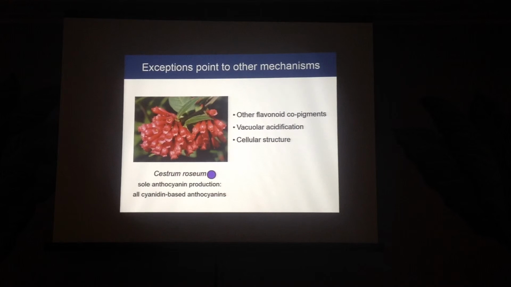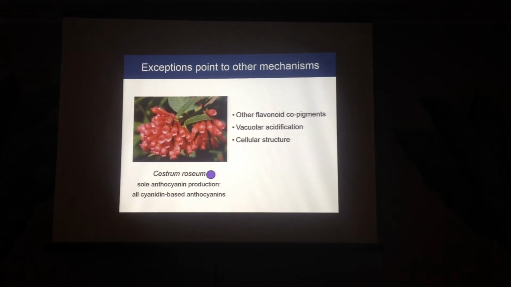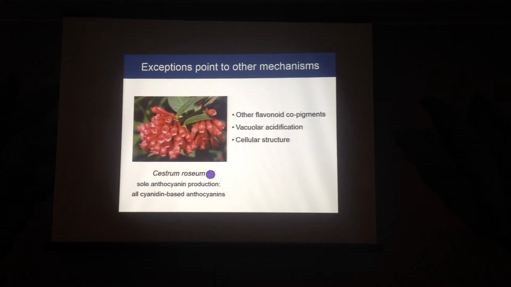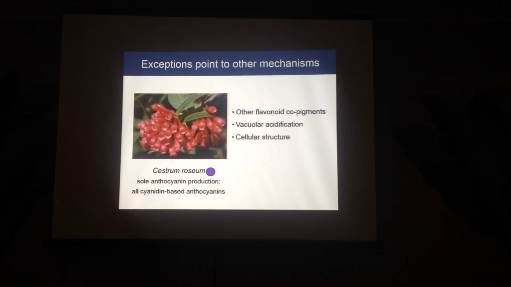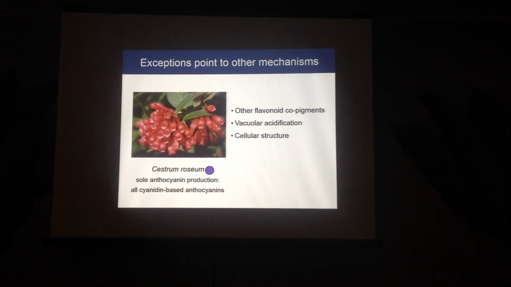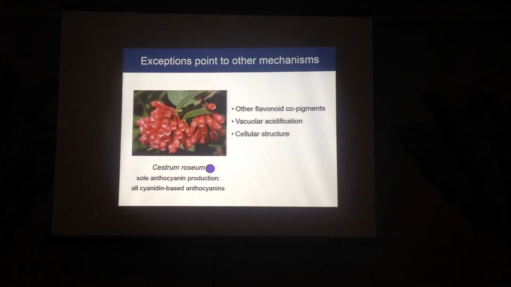If you have ever grown hydrangeas, they're blue in one soil and pink in the other soil. That's the effect of vacuolar pH on the appearance of the anthocyanins. It's not a difference in the chemistry. And then cellular structure, the shape of that petal cell cone, can also have somewhat of an effect. So maybe some of these other factors are explaining the exceptions to this general pattern.